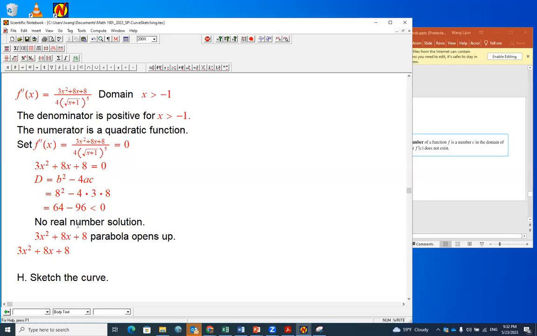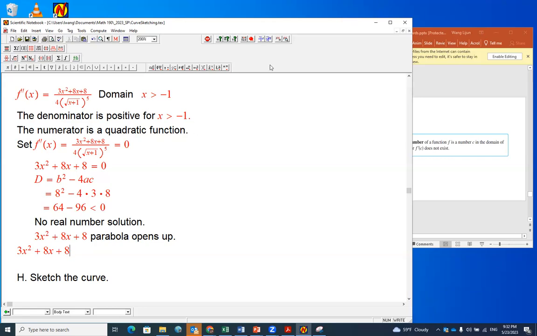All right, so to confirm our observation here, first of all, you can see that the numerator is a parabola that opens up, but it doesn't touch the x-axis because there's no x-intercept, right? That's what this says. There's no real number solution. So it's a parabola that opens up and never touches the x-axis.